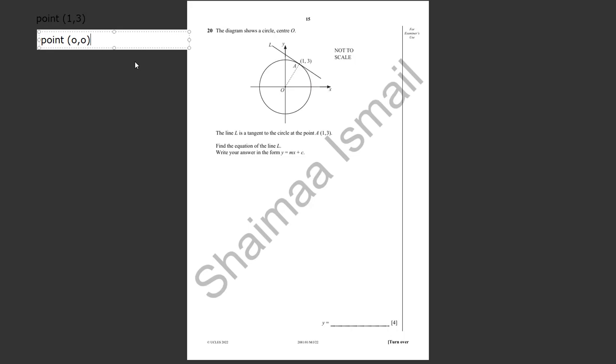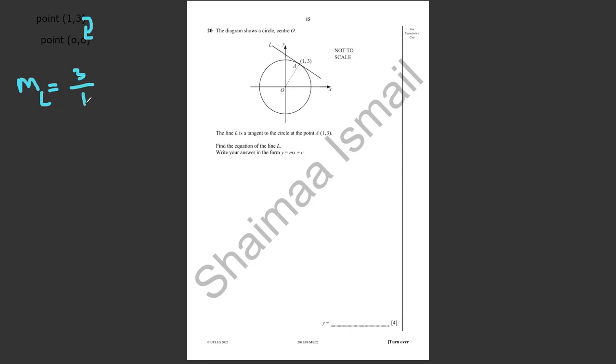So the gradient here will be equal to the gradient of the line, not the tangent, equal to 3 minus 0, which equals 3 over 1. So flip it to get the gradient of the tangent and put a negative sign, negative 1 over 3.